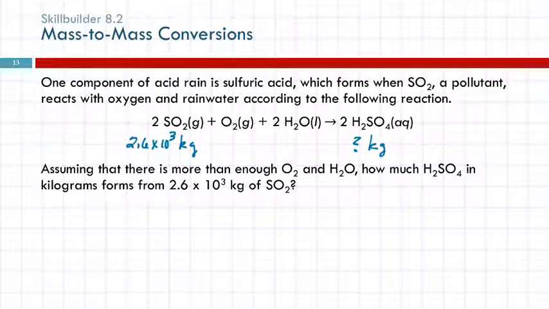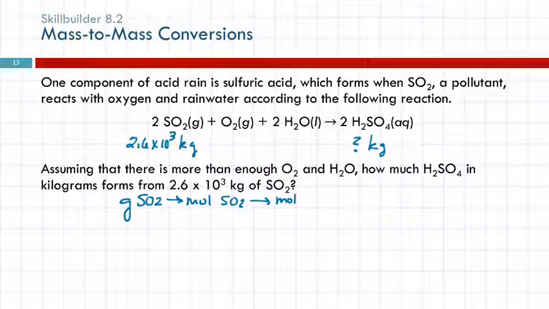What's our path? Grams to moles to moles to grams. Grams of what they gave us a number for, grams of SO2, to moles of SO2, to moles of what they're asking for, H2SO4, to grams of H2SO4.